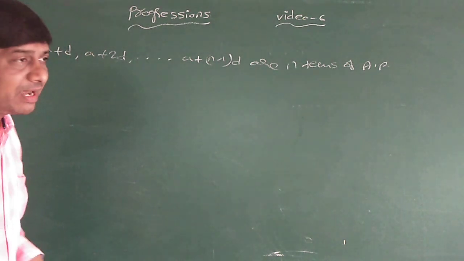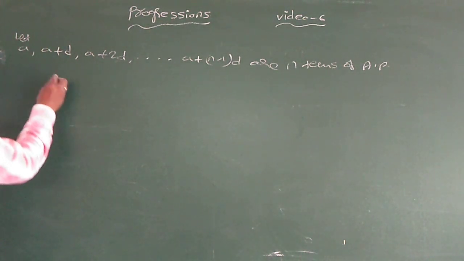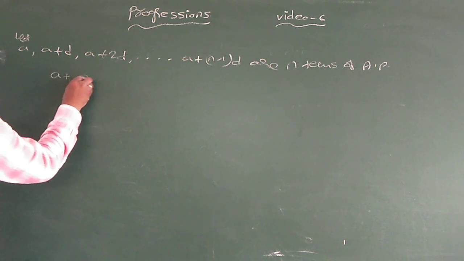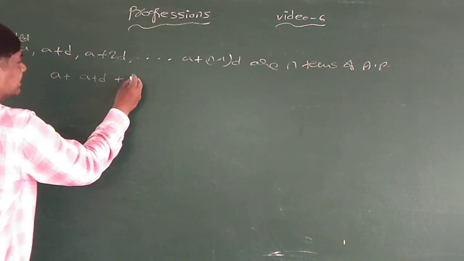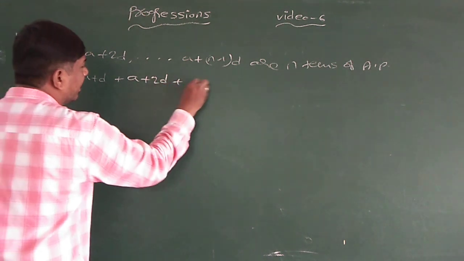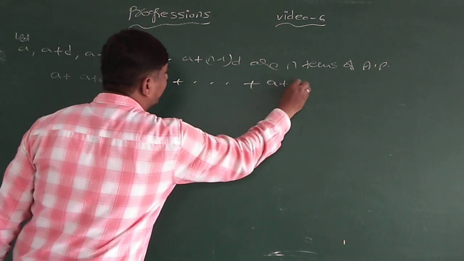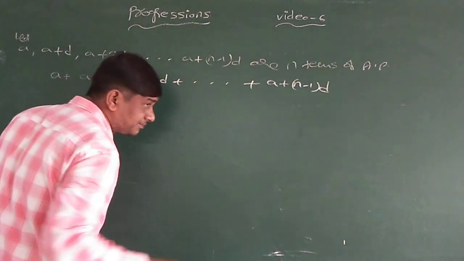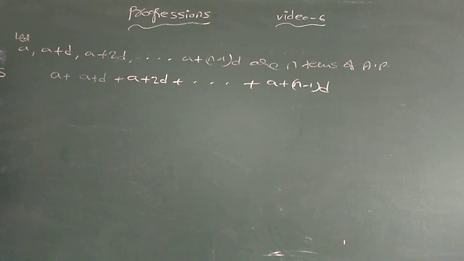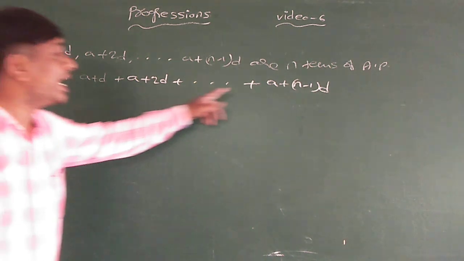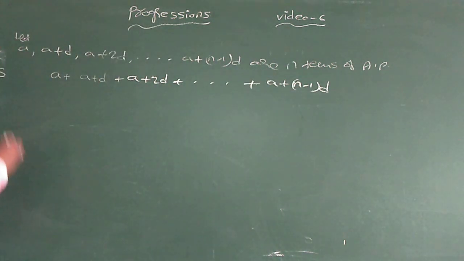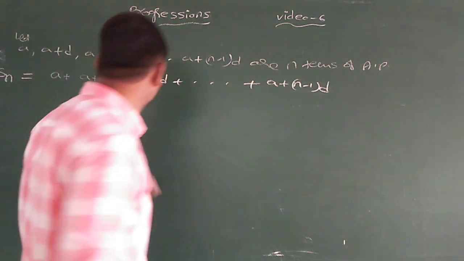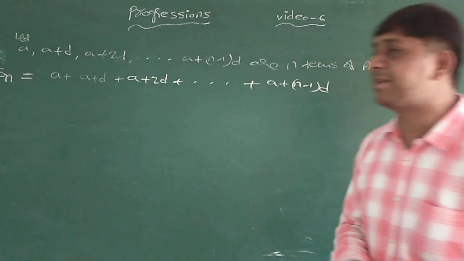Now I am going to add them: a plus a plus d plus a plus 2d plus and so on plus a plus n minus 1 into d. What are we doing here? We are adding. Addition is sum in mathematical language, and sum is denoted with S. How many terms are we adding? n terms. So Sn is equal to a plus a plus d plus a plus 2d and so on, plus a plus n minus 1 into d.